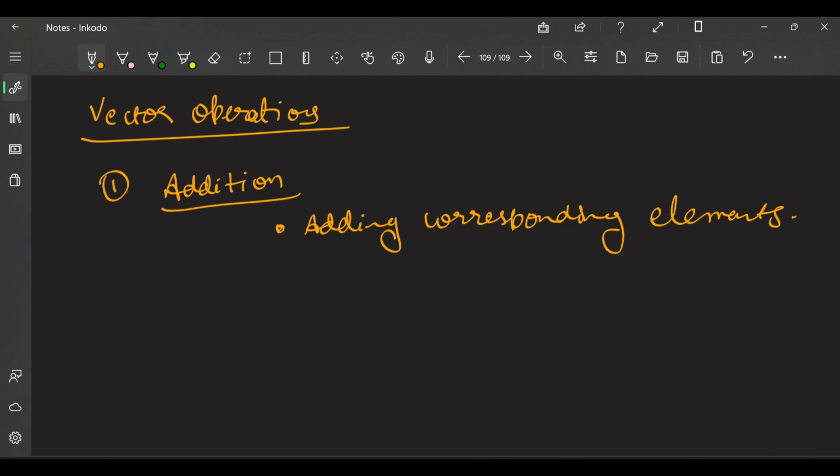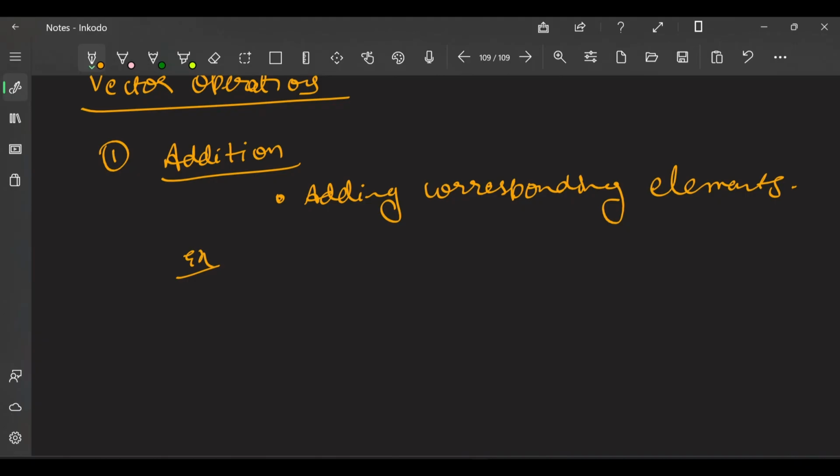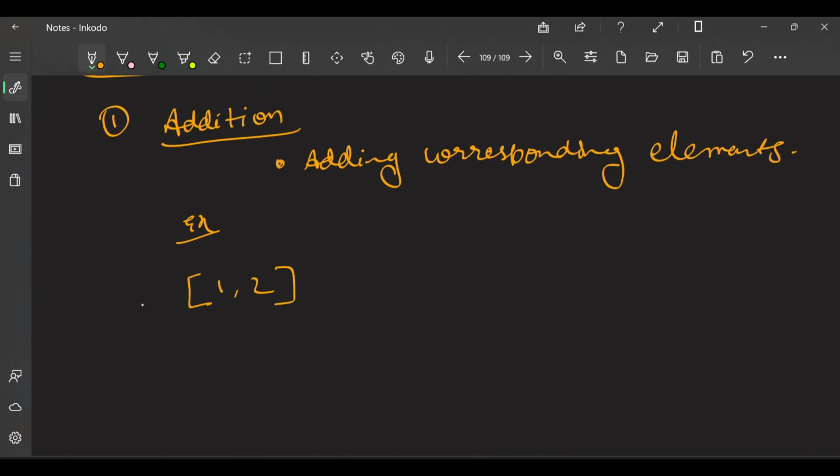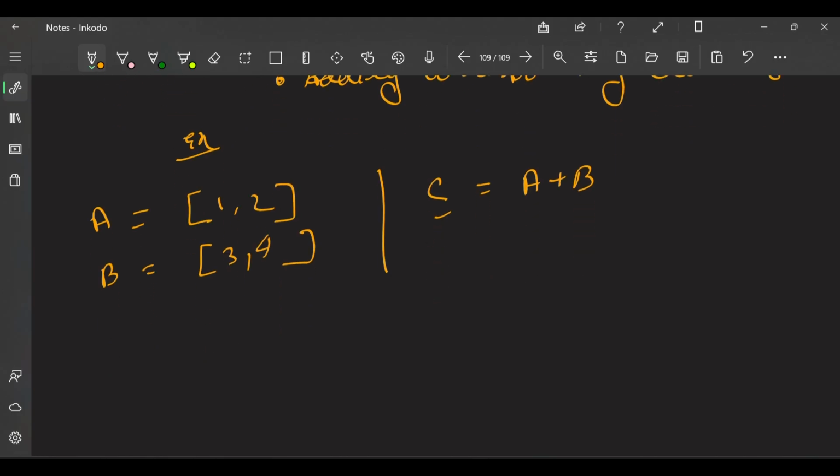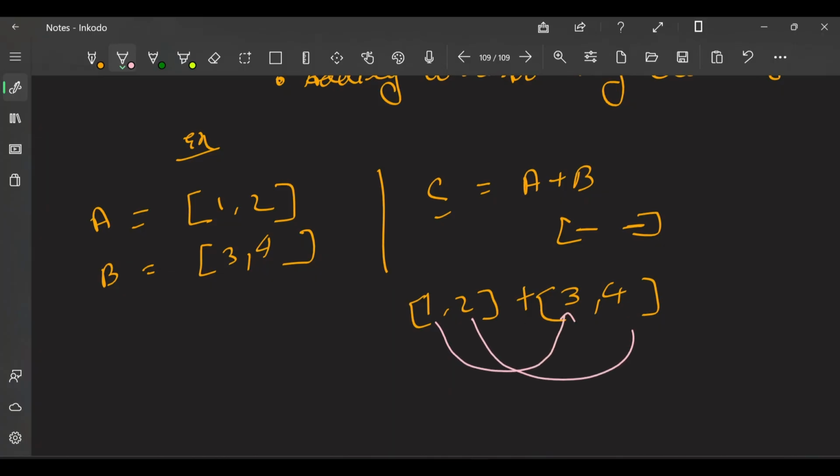For example, suppose I give you vector a equal to 1, 2 and vector b equal to 3, 4, and I ask you to tell me vector c, which is equal to a plus b. How do we get the answer for c? The output should be a 1 by 2 matrix, so here one element comes and here one element comes, and we will decide what they are. We write 1, 2 plus 3, 4, and you have to add this element to this element, and this element to this element.